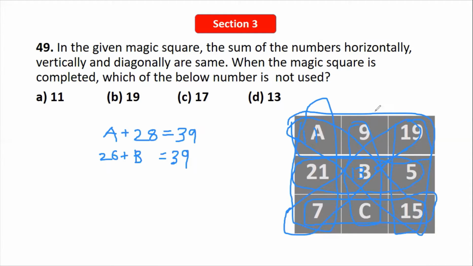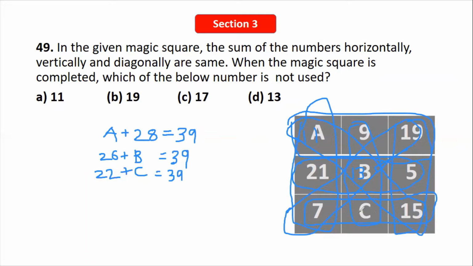Now I'll look at this column, but I can also look at this row. Both of these sums will be the same. So 7 plus 15 is 22 and 9 plus 13 is also 22. So 22 plus C is equal to 39. 22 plus what is equal to 39? 22 plus 17 is 39.